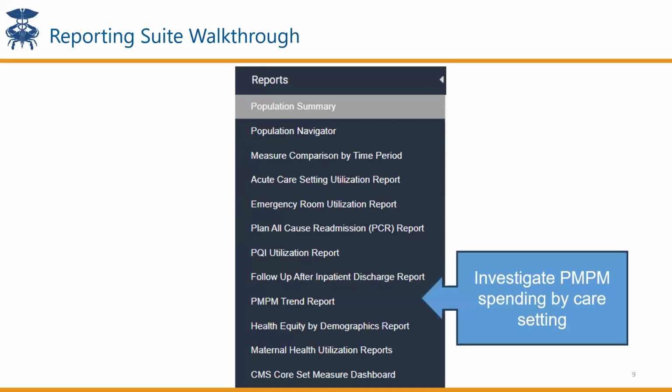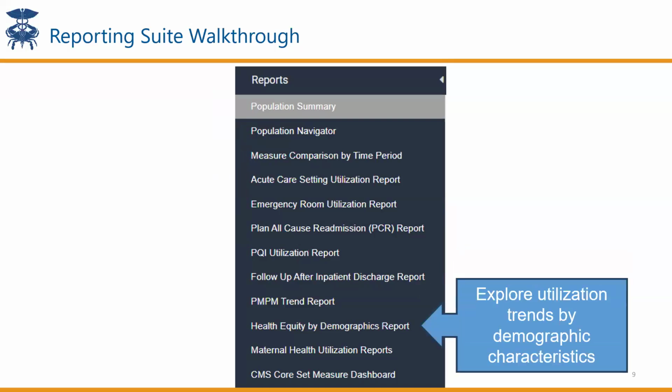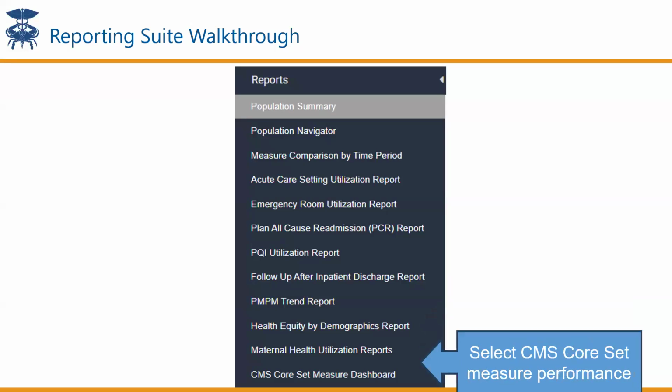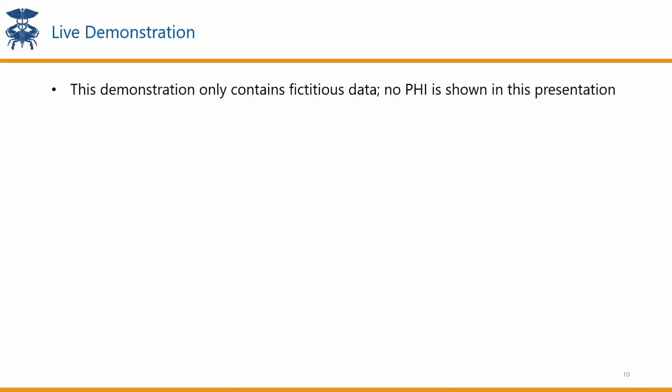We then look into PMPM trends, where we're looking at payments across all care settings, and then have 3 separate dashboards that are very topic specific. We're looking at health equity across utilization patterns. We have a suite specific to maternal health, and then we have select CMS core set measures with individual dashboards for select measures.